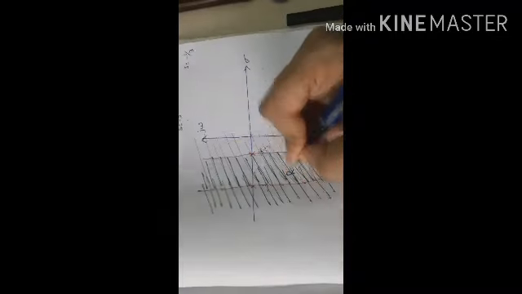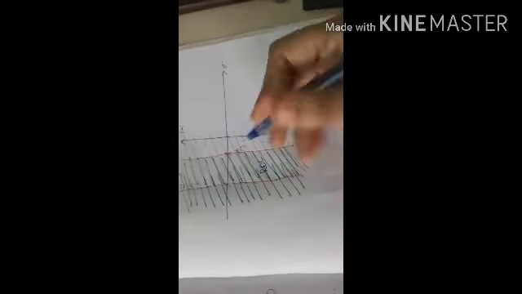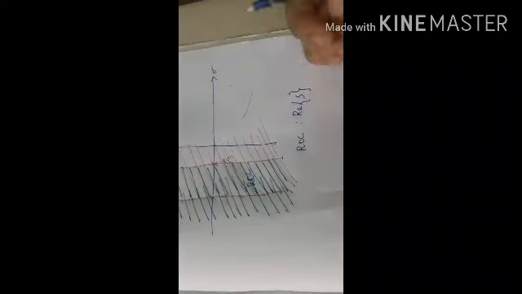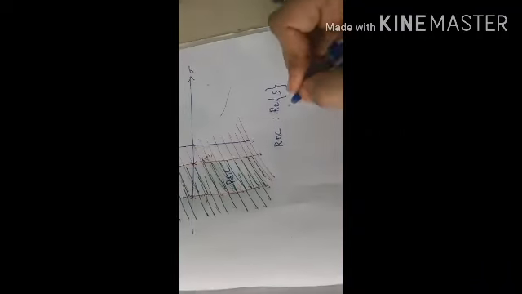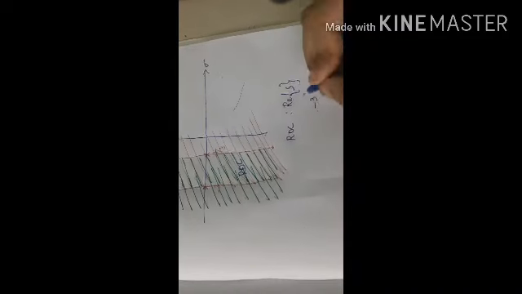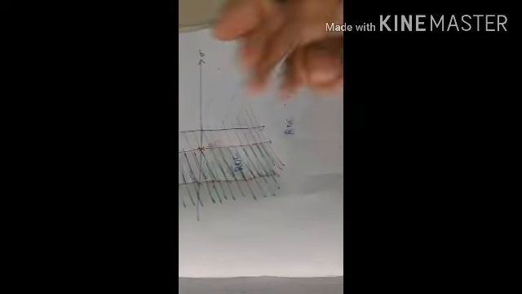This part is the common area for the signals. So the region of convergence for the combined signal is, listen carefully, minus 3 less than real part of s less than minus 1 by 3.